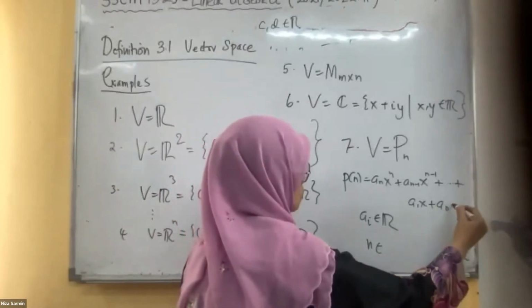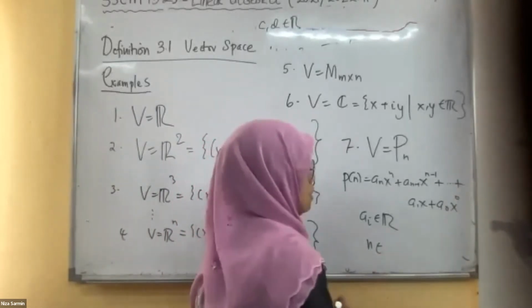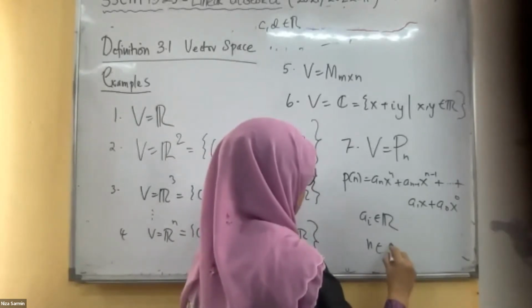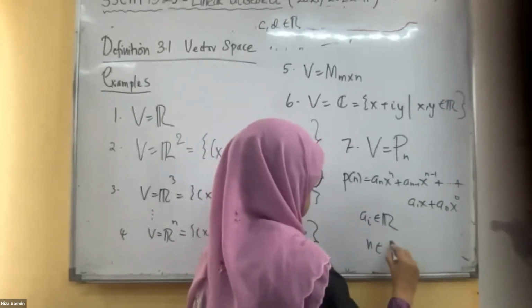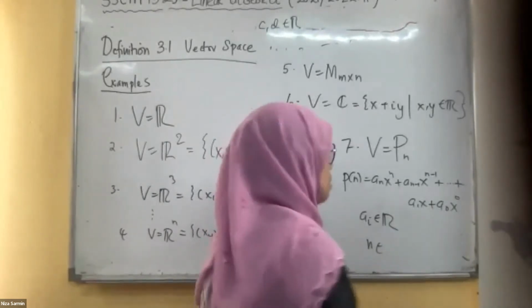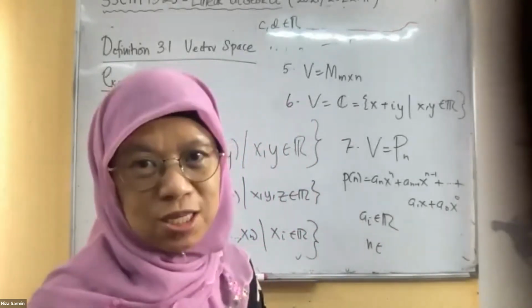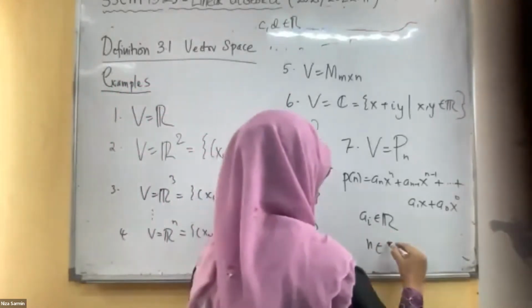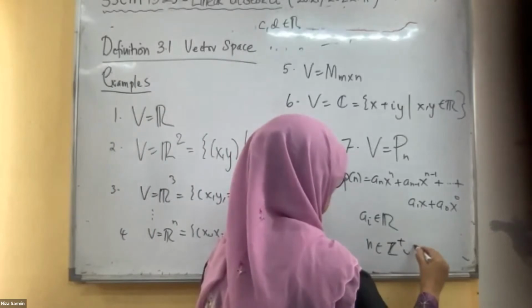This is x to the 0, right? Because some authors include 0, some do not include 0, so I better write it like this.